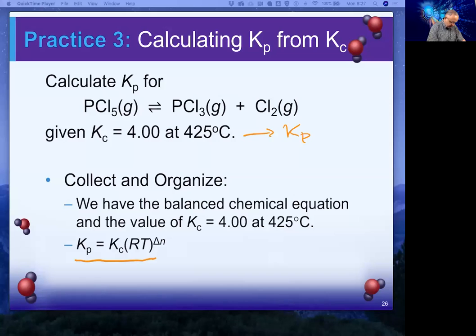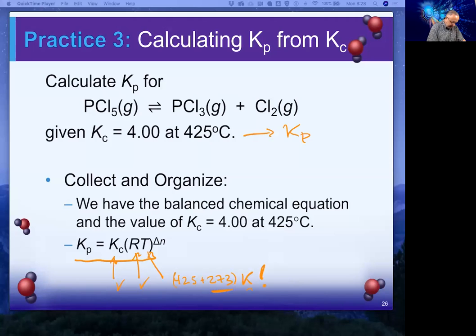So we have the value of Kc, we have the value of R, check mark, check mark. We have the temperature, yes, but we need to take 425 plus 273 to make it Kelvin. So don't forget that it's Kelvin.